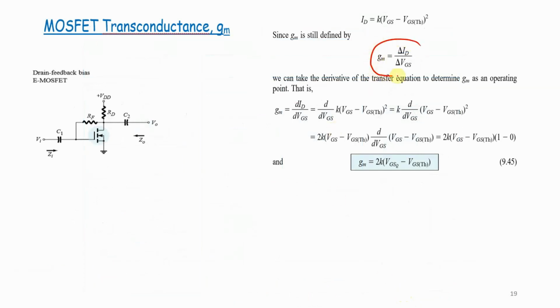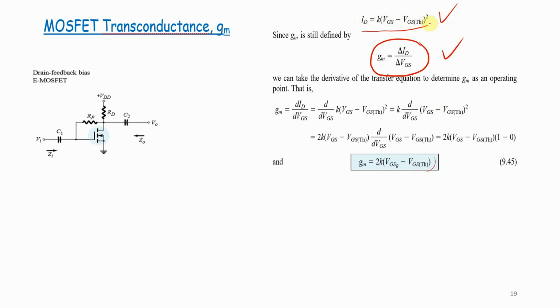gm, the transconductance, is related to the change in ID over the change in VGS. So this is a differentiation. We can just take the derivative of this equation, and we will obtain 2K (VGSQ minus VGS(th)). But look at this one.